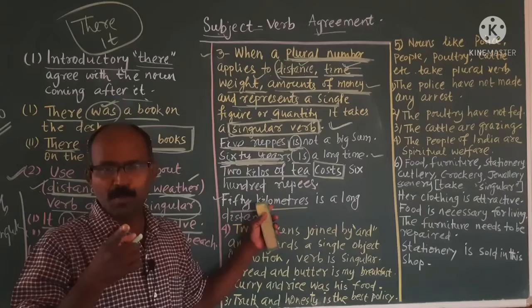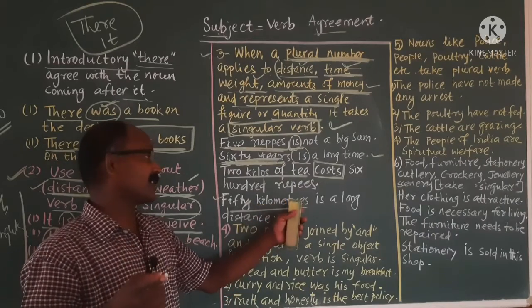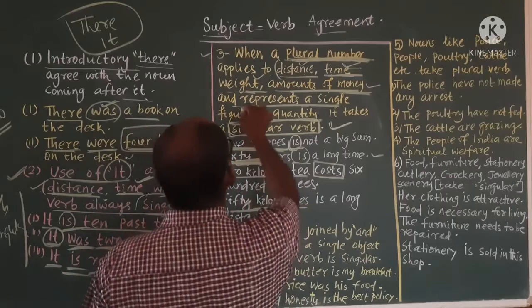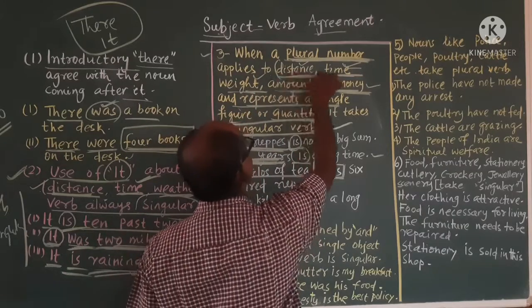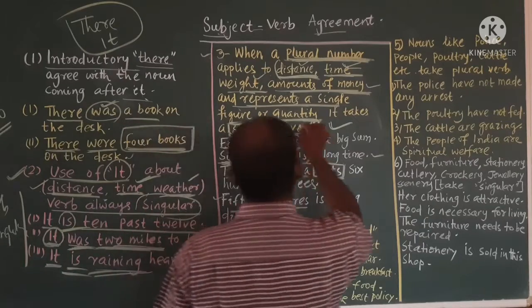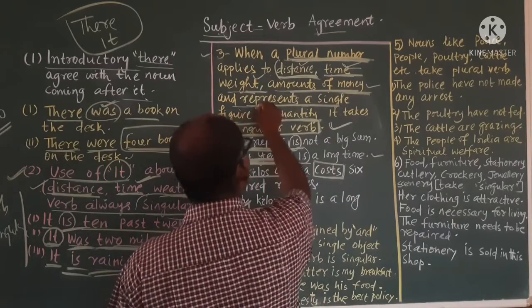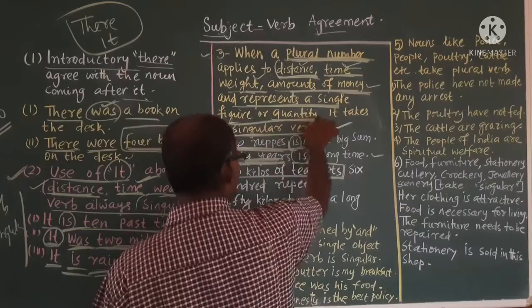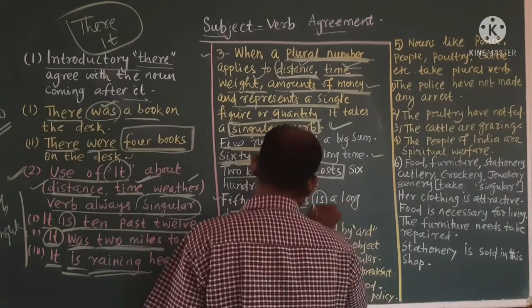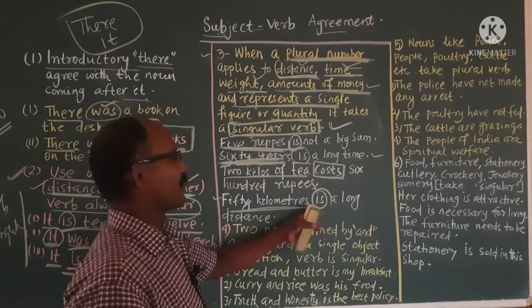It looks plural. Kilometers, when s is there. But you know what this is? It indicates distance. So for 50 kilometers, the formula says that if it represents a single figure or quantity, then what happened? The verb became singular.